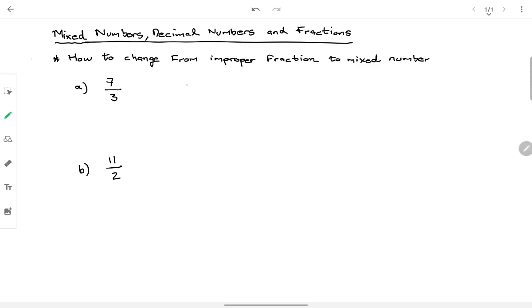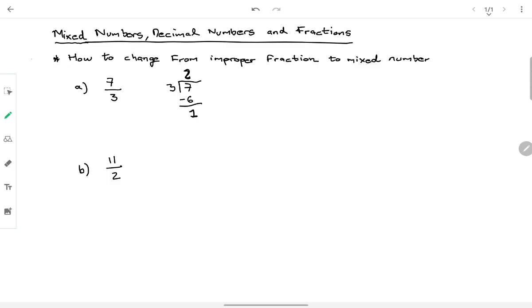That can be represented also as 7 divided by 3. If we make the division, we need to multiply 3 times 2. That gives us 6. If we make the subtraction, we have 1 remaining.